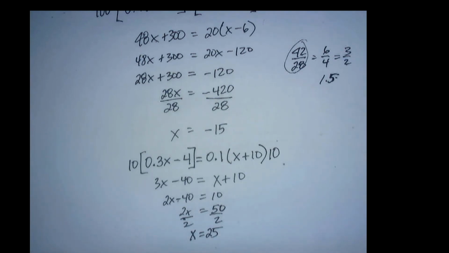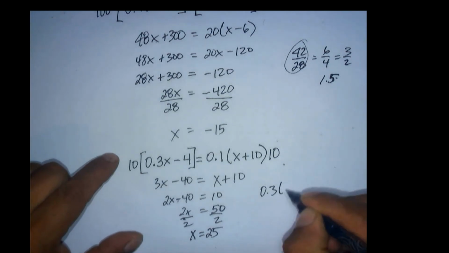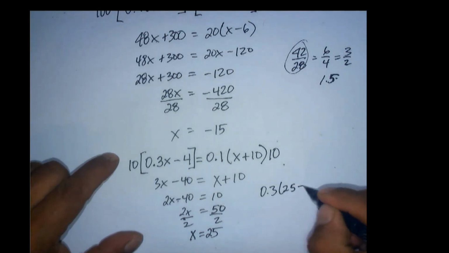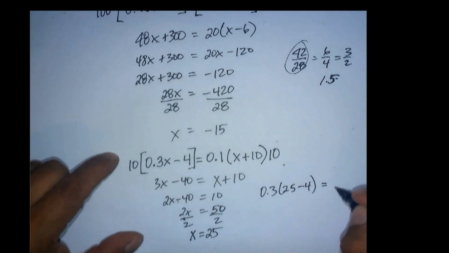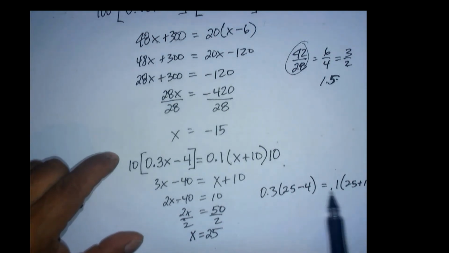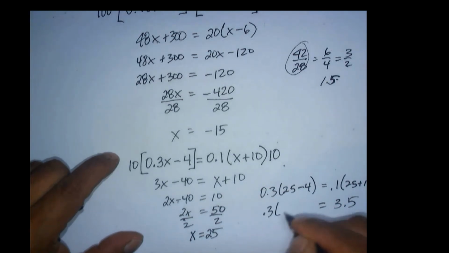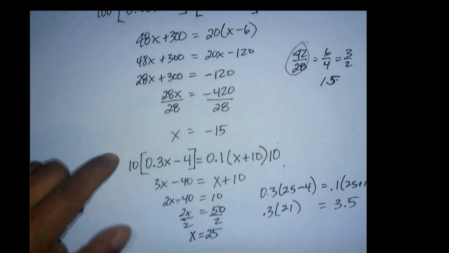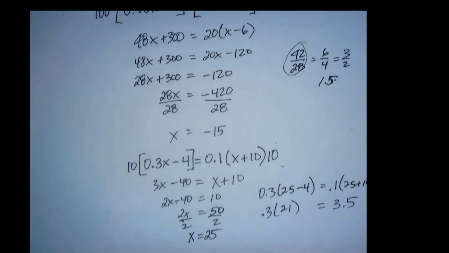You want to check it? Let's check it. 0.3 times 25 minus 4 should equal 0.1 times 25 plus 10. It doesn't work. Where did I mess up?